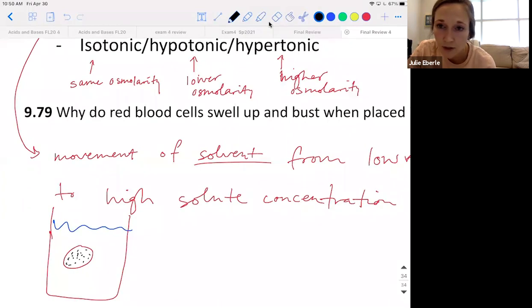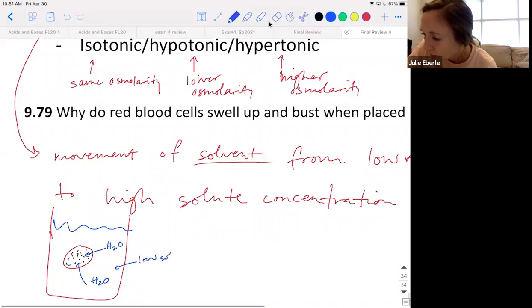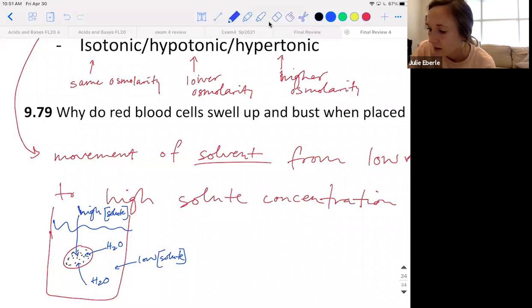It's just pure water, it's just H2O. So what's going to happen is all the H2O here is going to rush in to try to dilute the red blood cell, because this is an area of low solute concentration and this is an area of high solute concentration. And so that's why the water will move into the red blood cell.